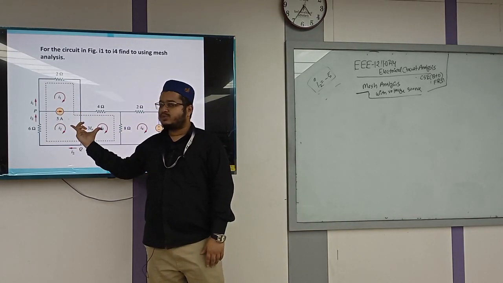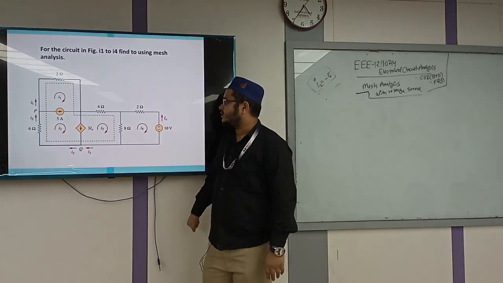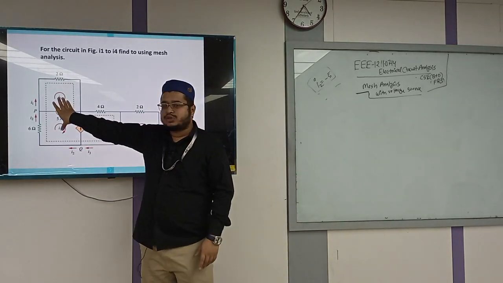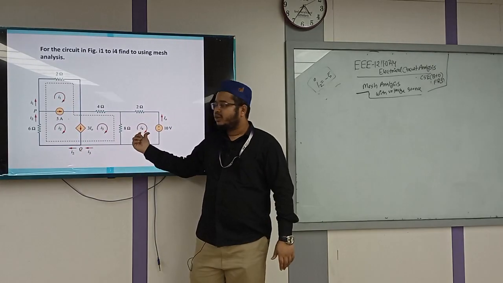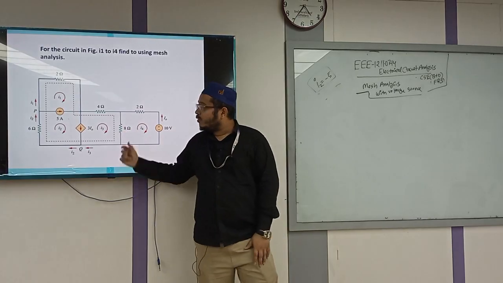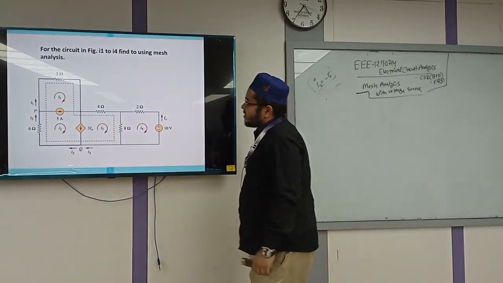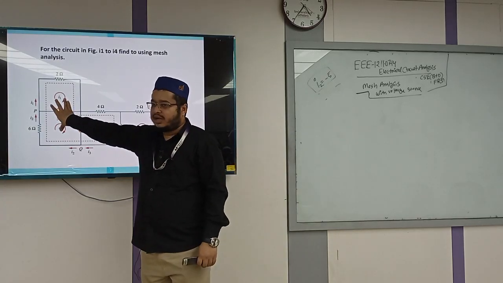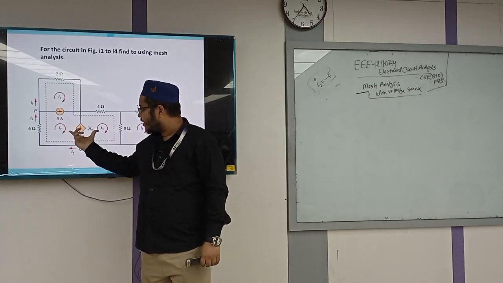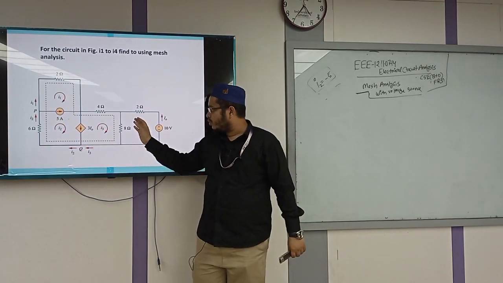So here a super mesh appears and here another, so I have two super meshes and one normal mesh.